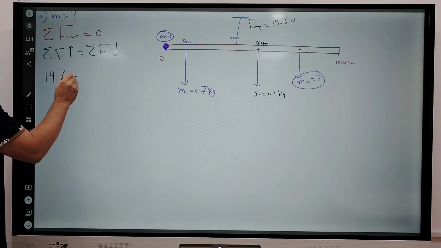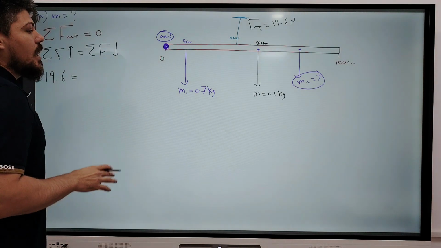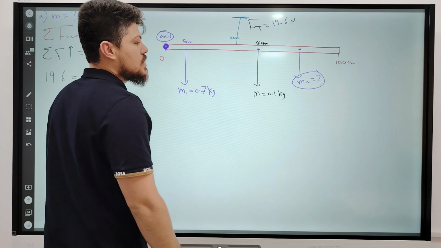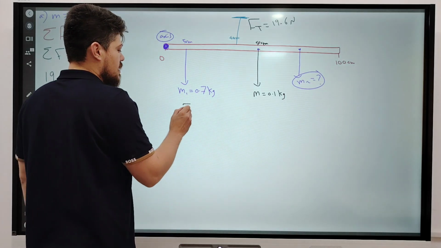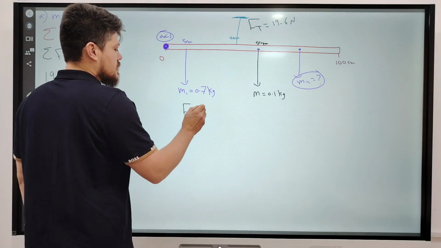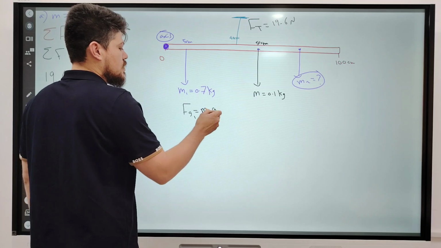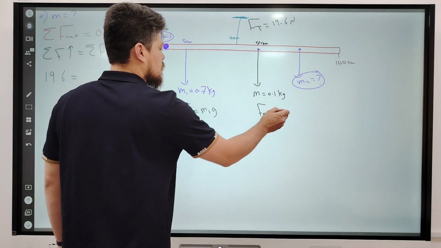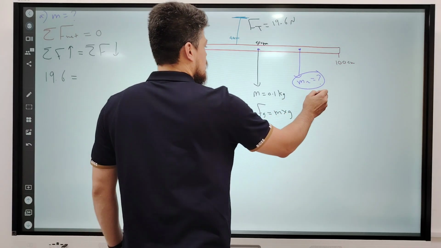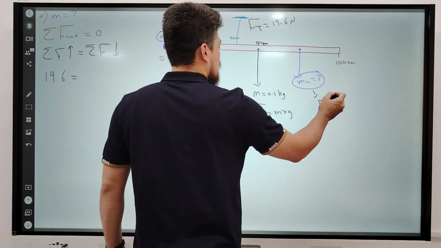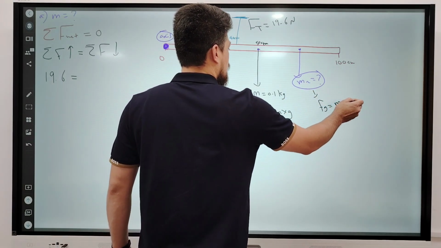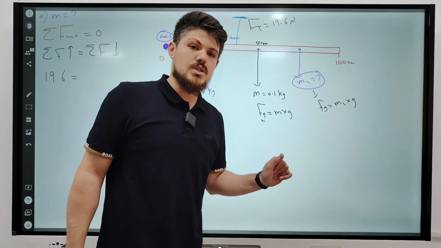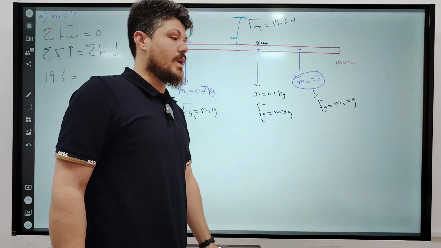19.6 Newton is equal to how many downward forces do we have? We have 3 gravitational forces. The gravitational force for the first mass is equal to m1g. The gravitational force for the second mass is equal to m2 times gravity. The gravitational force for the meter stick is equal to its mass times gravity. When mass is given, you can convert to gravitational force by multiplying by the free fall acceleration.